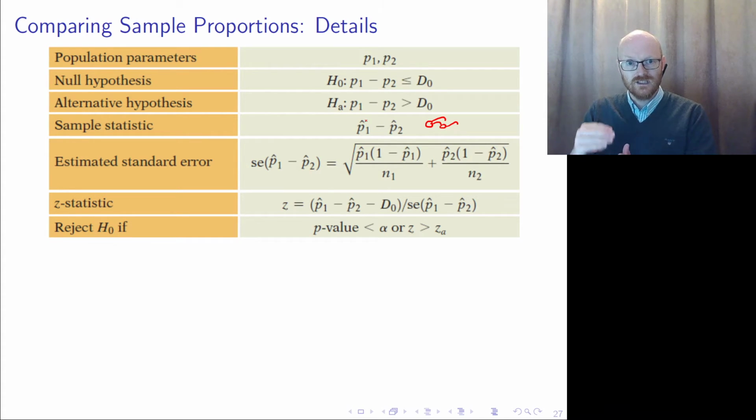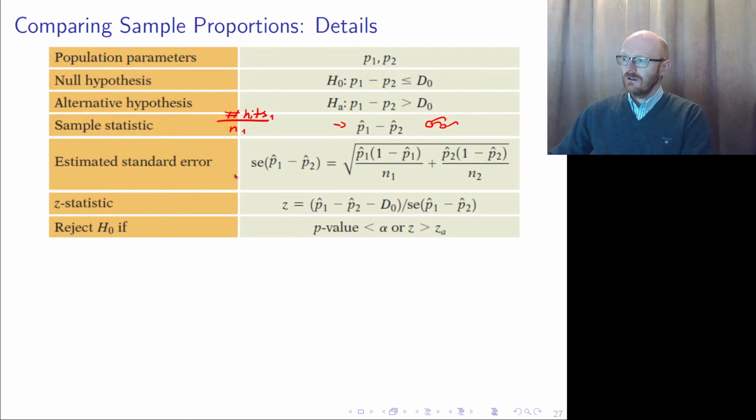If it contains 0, it's a miss. And these sample proportions are just the number of hits divided by n, for group 1, for example.